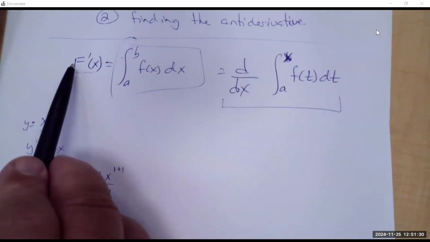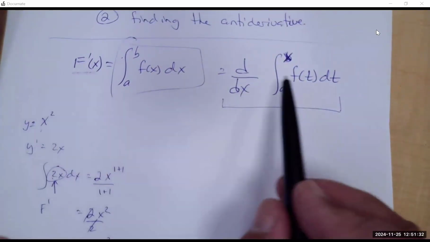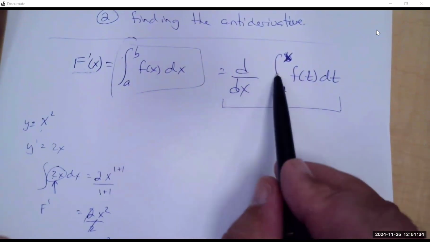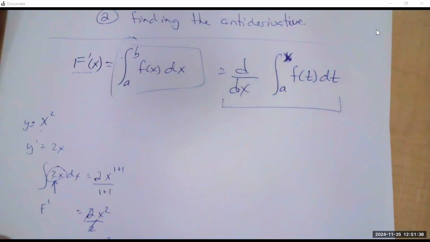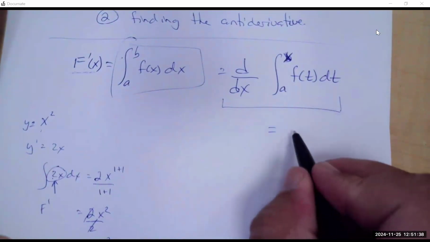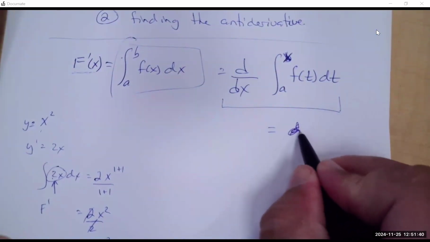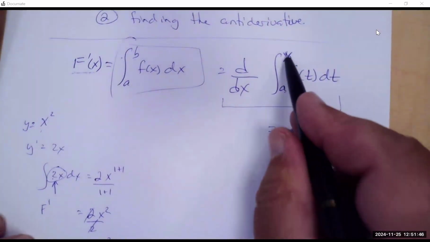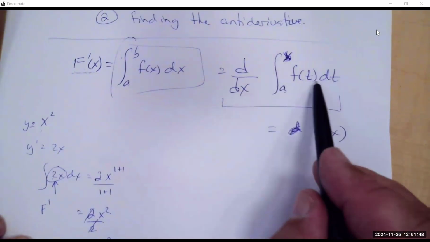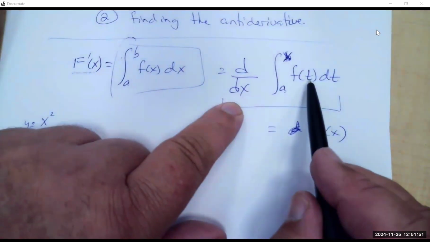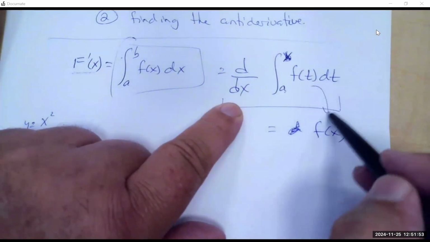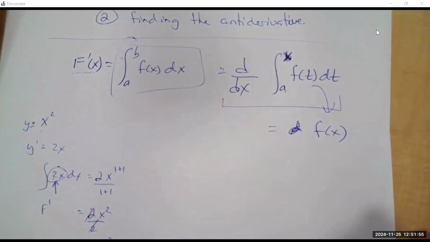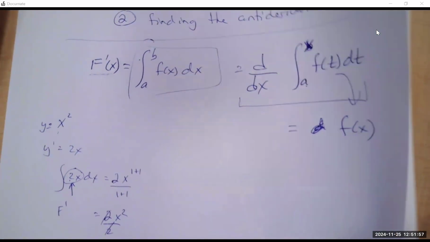The derivative of the integral gives you f of x. As long as you're going from a to x, the derivative with respect to x just becomes f of x. Okay, that means nothing until you see it in action.